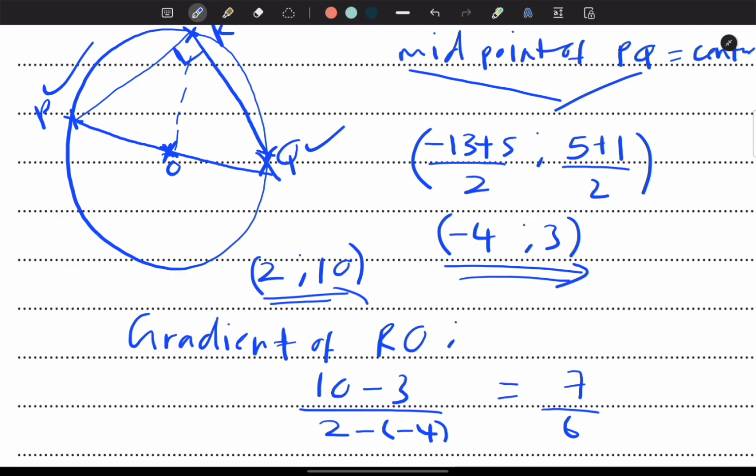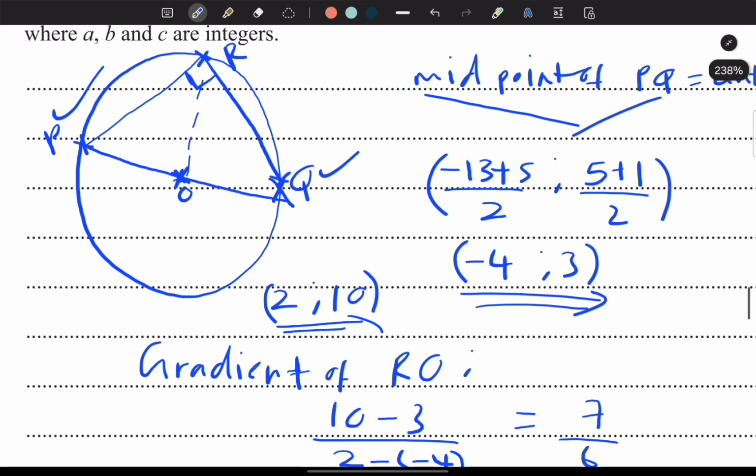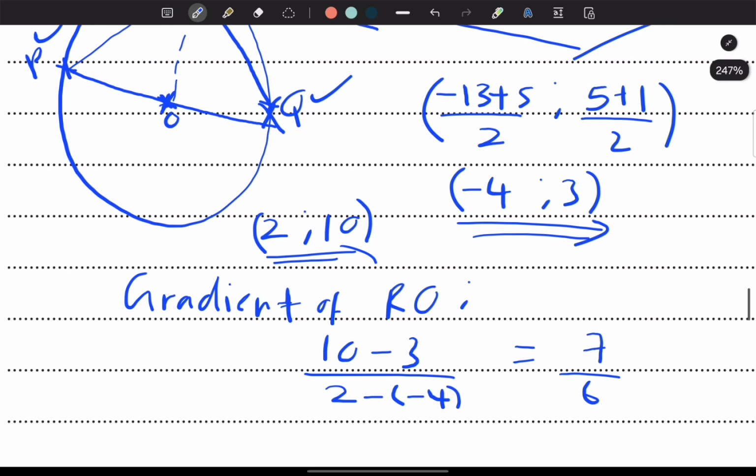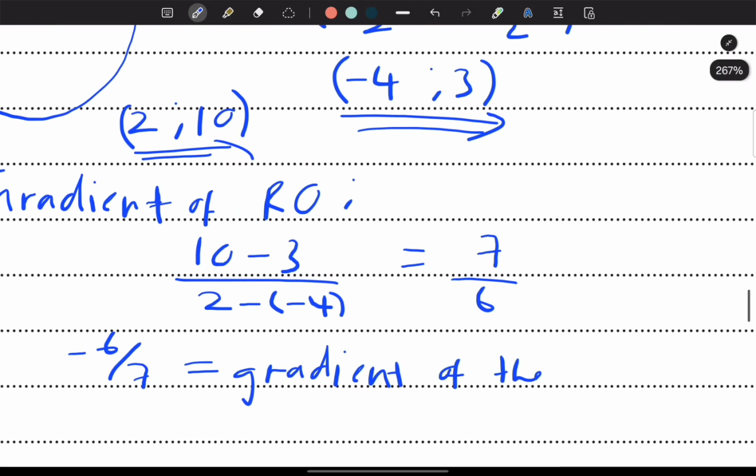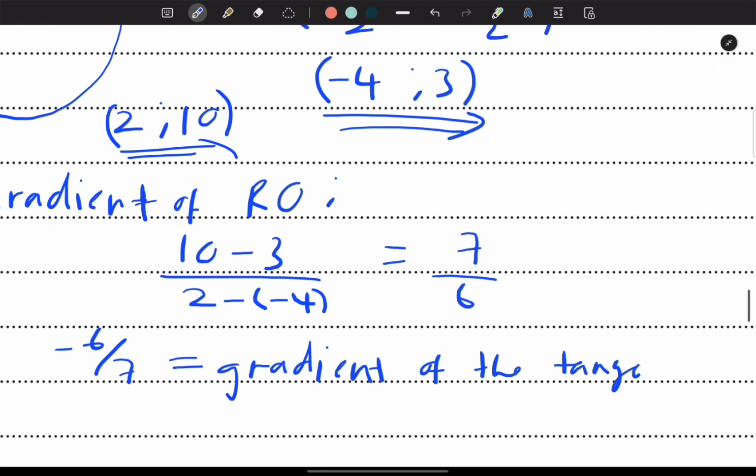That's the gradient of RO, but we want the equation of a tangent at R. And we know the tangent meets the radius at 90 degrees. So if the gradient of RO is 7 over 6, the gradient of the tangent should be minus 6 over 7, so that if we multiply these two values, we get minus 1. So this will be the gradient of the tangent.